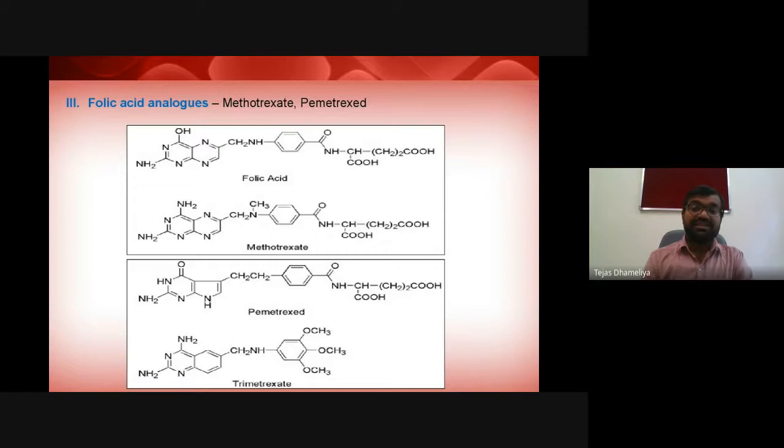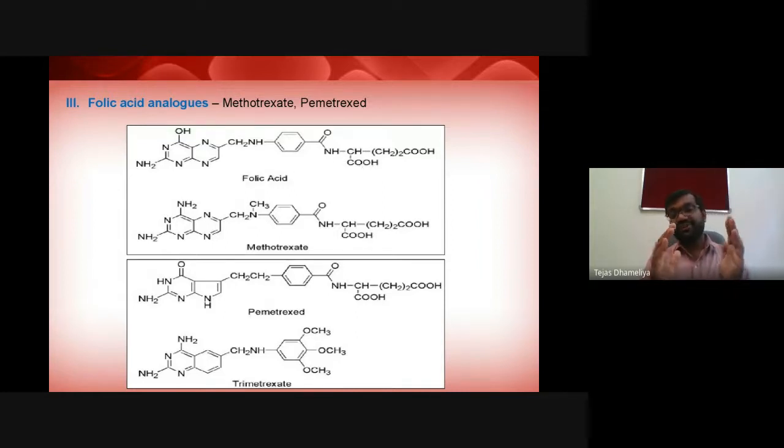उसके बाद this is nothing but para-aminobenzoic acid, PABA. So folic acid के structure में para-aminobenzoic acid is present, and that PABA is conjugated with this one, glutamic acid. So glutamic acid is the major component of folic acid.